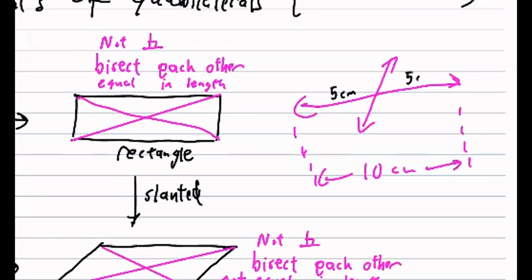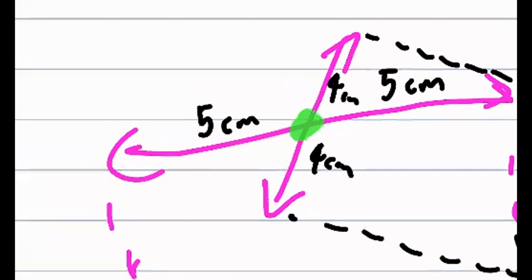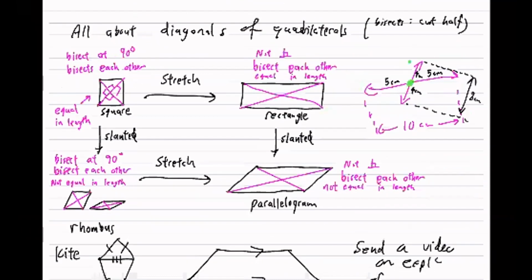Bisect doesn't mean having to cut each other at 90 degrees. It can always be at the midpoint, but a bit slanted. So let's say this length here was 8 cm. Then here it will be 4 cm, 4 cm. That's what I mean when I say they bisect each other. Does it make sense? This is a midpoint, but it is not 90 degrees. So those are the properties of diagonals.